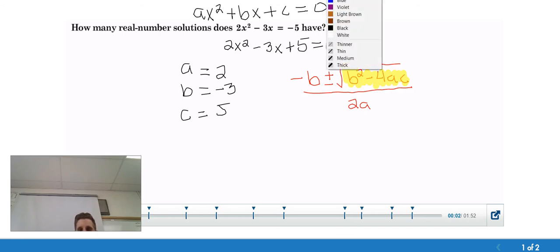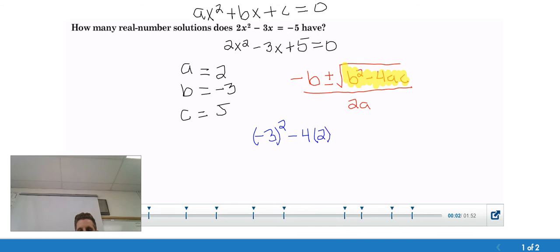So we can go ahead and fill in just that part. So b squared is going to be negative 3 squared, minus 4 times a, which is 2, times c, which is 5.